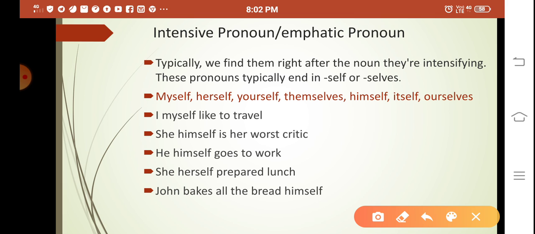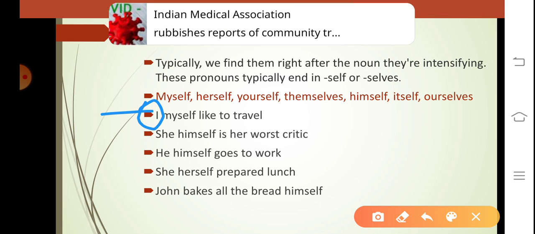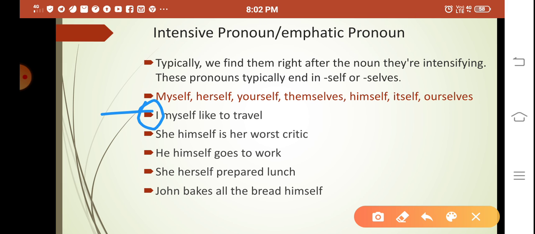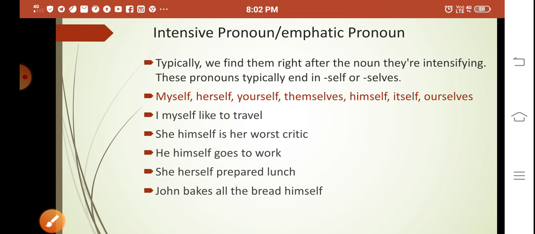I myself like to travel. There is no other person who is forcing you. You yourself. It means the person who is doing the job is I, that subject. She himself is her worst critic, and there is no other person who criticizes her.